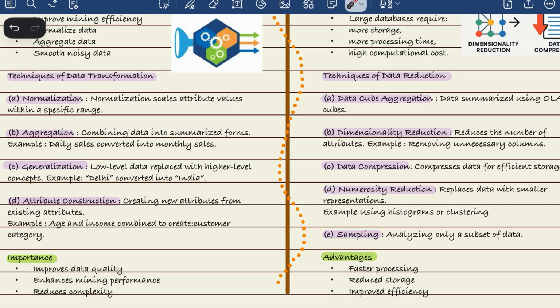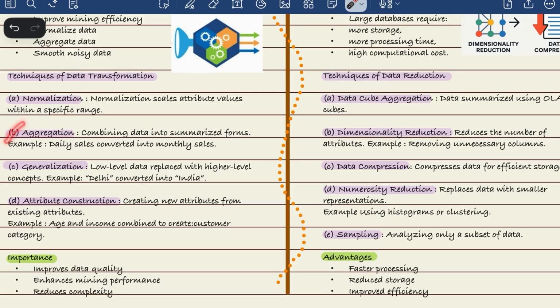For example, you want to convert to 0 to 1, or you want to convert it into -1.0 to 1.0. So this is a scale you are giving, and all the data is within this scale only. So this is how normalization works. We are normalizing the data, we are giving it a range, right?